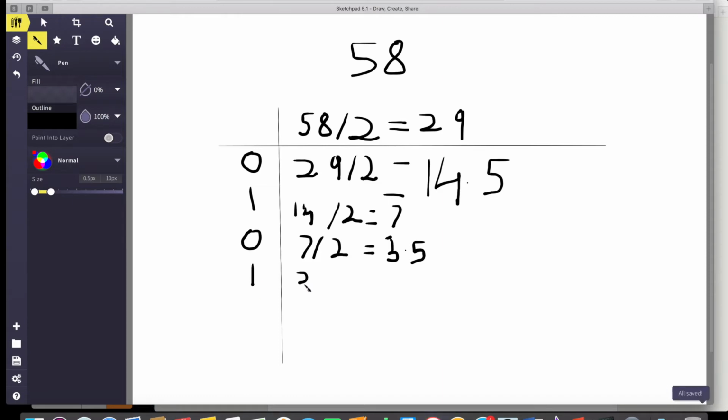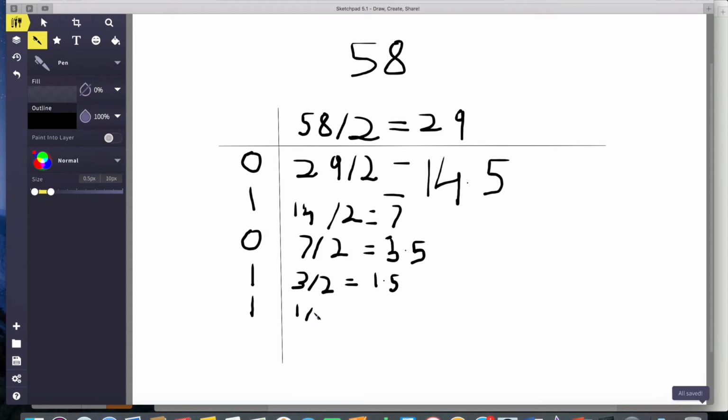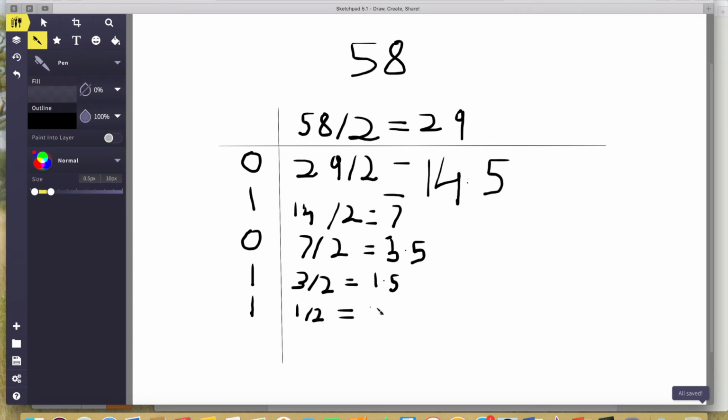And 3 divided by 2 equals 1.5. 1.5 is a decimal, of course, and you get 1. And now you divide 1 by 2, which is 0.5, which gives me 1.